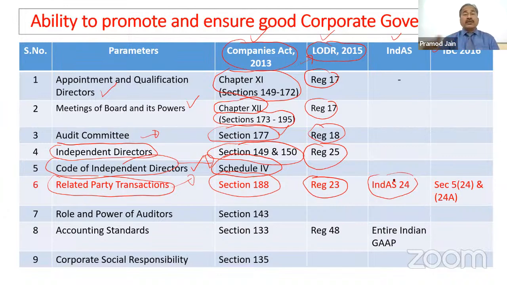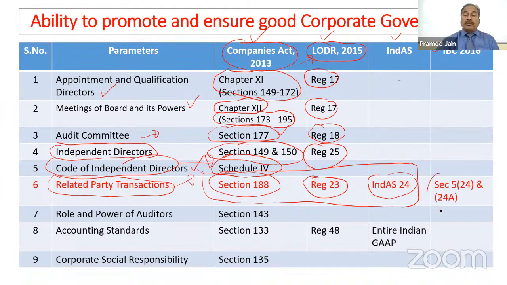So Ind AS 24, Indian Accounting Standards 24, is again about related party transactions. So that is what you need to have a good understanding. तो ये 3 प्राइम हैं जिनके बारे में आपको एज एन इंडिपेंडेंट डायरेक्टर बहुत अच्छी अंडरस्टैंडिंग रखना बहुत जरूरी है, सो एज टू बी able to be an effective independent director.